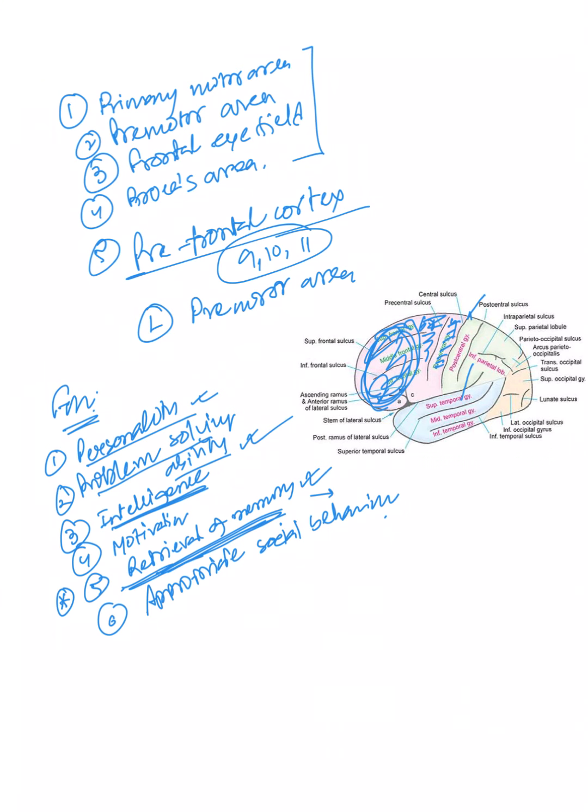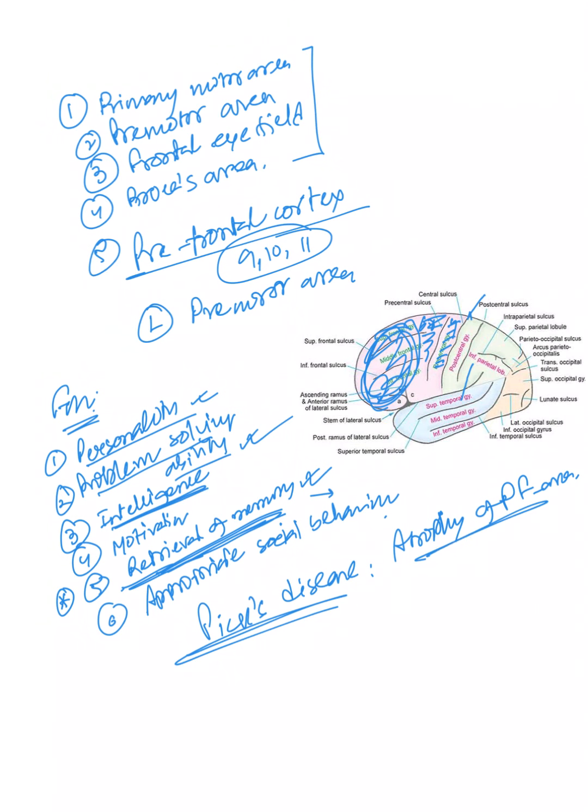Okay, now I have to talk about one disease, because I am teaching you medicine, and there is a disease associated with the prefrontal cortex, and that is Pick's disease. In this, atrophy of the prefrontal area happens, and it will present as akinesia, rigidity.